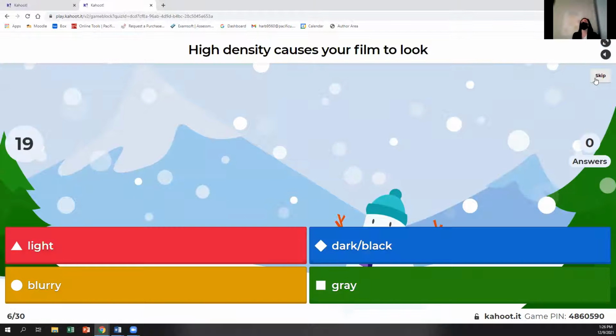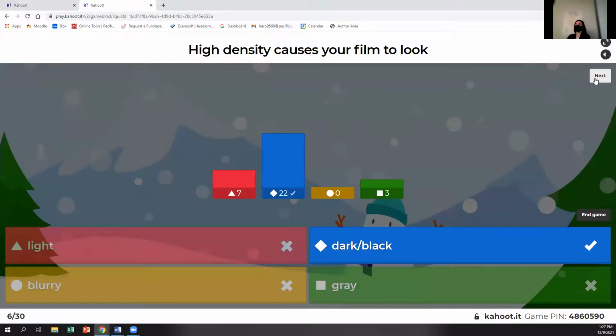High density causes your film to look light, blurry, dark, black, gray. Yeah, so a higher density is the overall darkness of a film. So darker film.